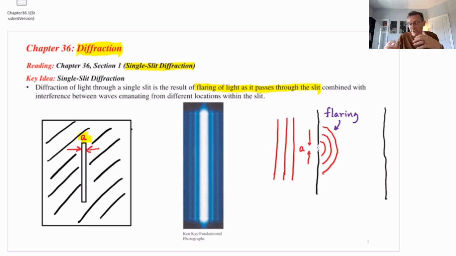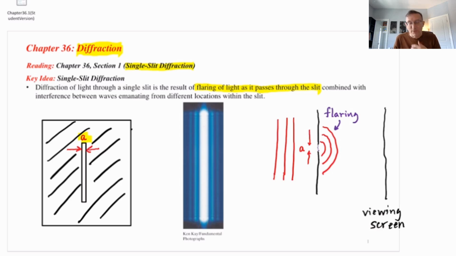And it's the combination of the flaring, giving you the rounded wavefronts, and the interference that together is diffraction and produces what we would observe on the viewing screen, which is what we call a diffraction pattern.